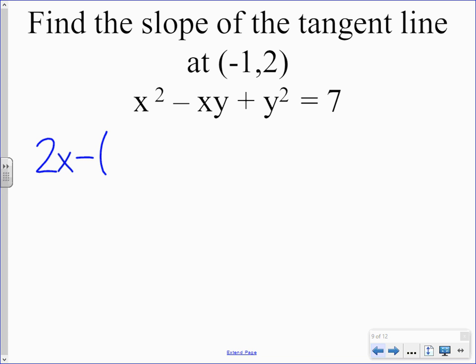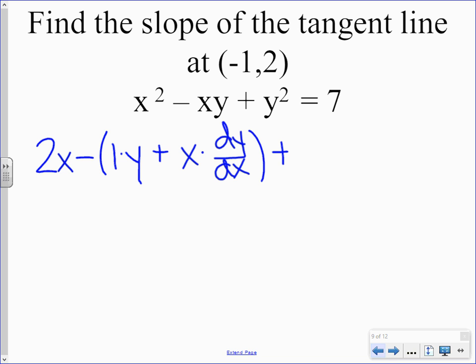Since the derivative is going to be two different terms, it's in our best interest to put it in parentheses. This is like the third time we've seen x times y, and it's not going to be the last time. So, derivative of the first times the second plus the first times derivative of the second.